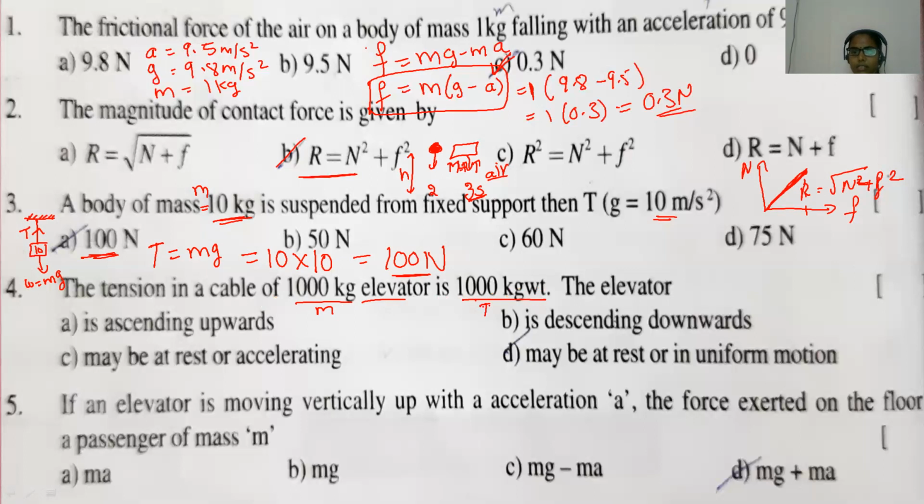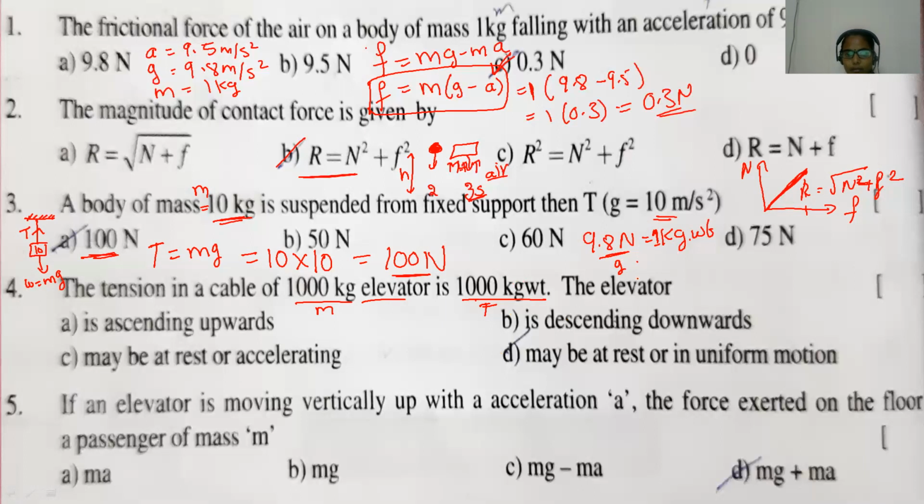See, remember one unit I will tell you. 9.8 Newton we can write as 1 kg weight. This is just a small conversion of force. One more unit of force is kg weight. That value is 9.8 Newton, which is almost the value of g in Newton. Understood children? Instead of writing Newton, we can write kg weight also.